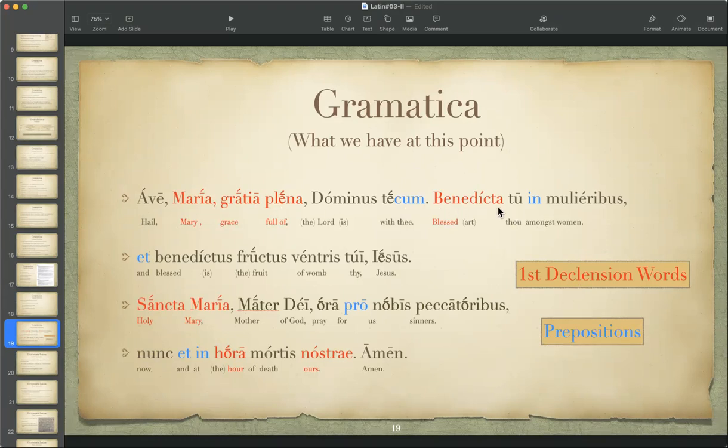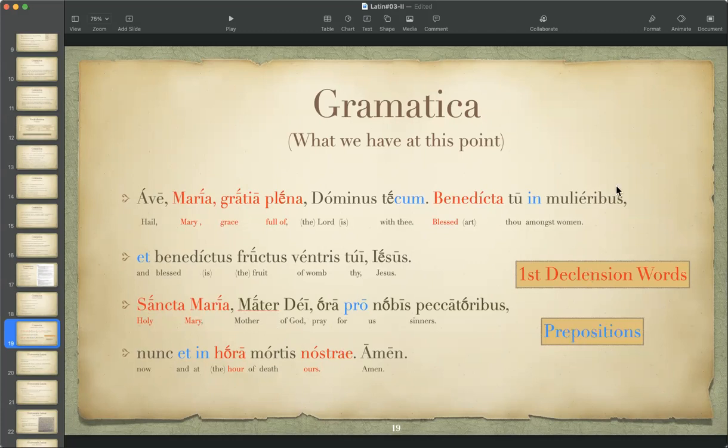Now it's not in a vocabulary, but blessed, not too far a stretch. Sancta Maria, Holy Mary. Hora, hour. Nostrae is ours. We actually haven't had that word, but you can see that's the genitive form. In the hour of our death.